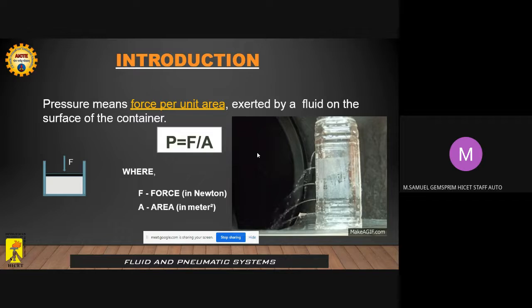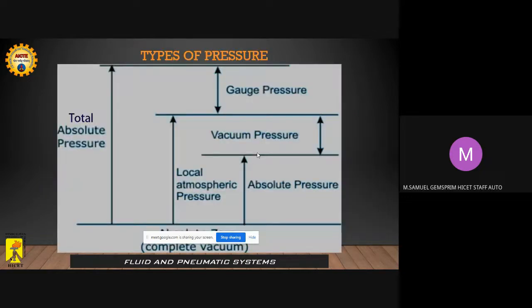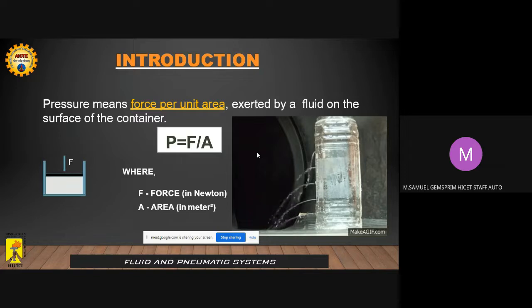In fluid mechanics, it is the force exerted by a fluid on the surface of the container or on the fluid itself. So this is the concept of pressure in fluid mechanic systems.